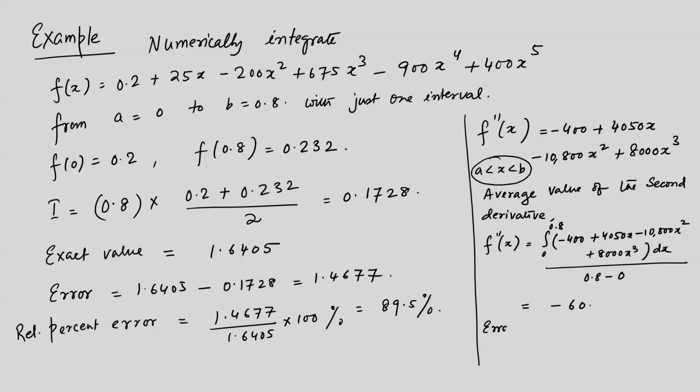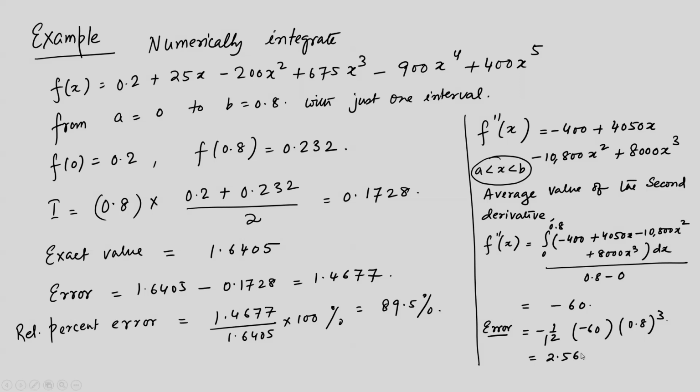So, the error, this was derived earlier, is equal to minus 1 over 12 into minus 60 into h cube, which is 0.8 whole cube, and this is about 2.56.